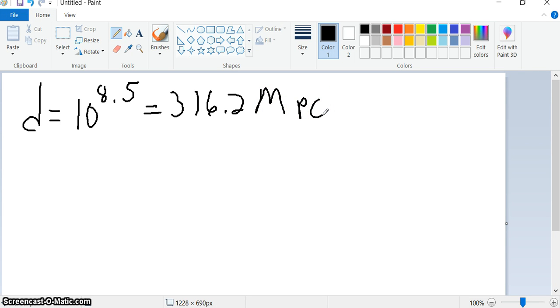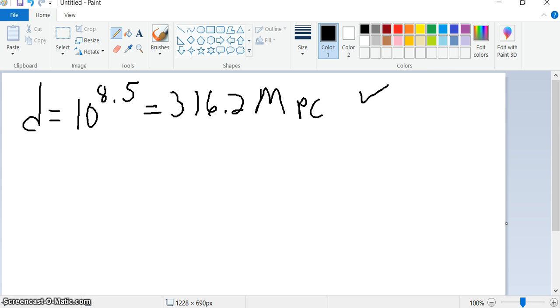So 316.2, if you will, megaparsecs. So that completes problem number 1. That's a very involved problem. Like I said, it took 3 different steps. The next ones probably won't be as bad.